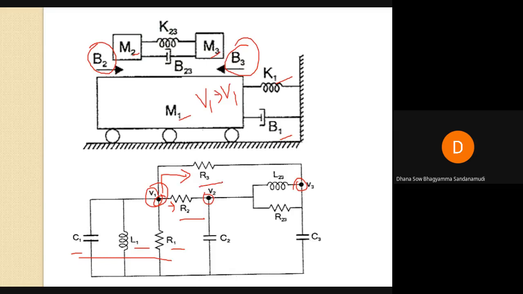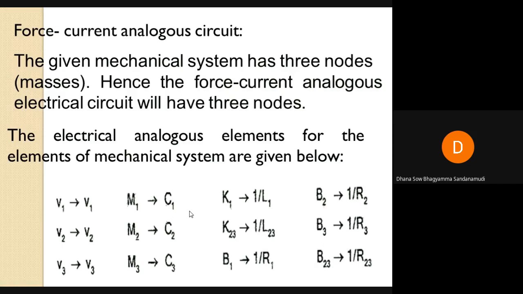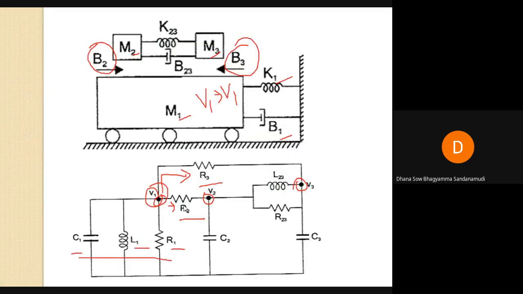That you must remember. Here it is not the mesh. In the earlier case, it was the mesh or the loop, and you considered common loops. I think you remember what I have explained till now. In this case you must consider the nodes.